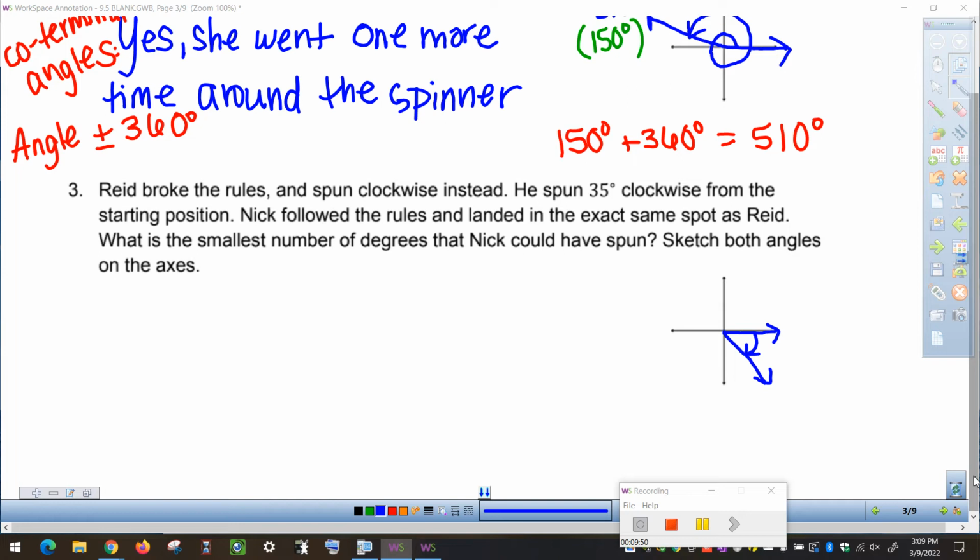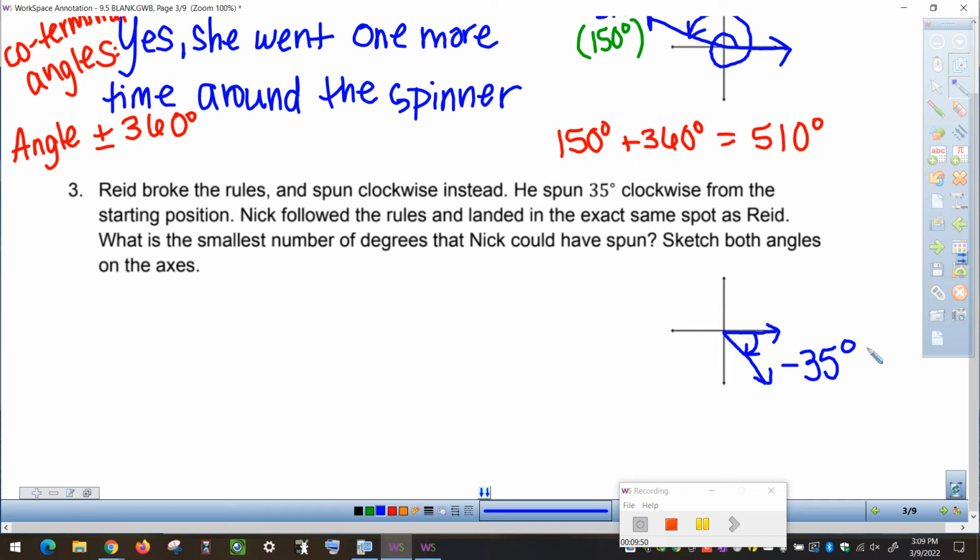So what could we do to label the 35 degrees here that we actually traveled going the other way? That's what's going to be negative. So let's write off to the side here, this is actually going to be negative 35 degrees. The negative sign is telling us that we went clockwise. 35 degrees is still just the actual measure of the angle.